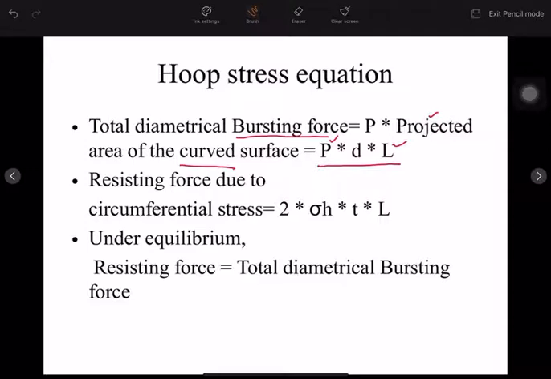To nullify this bursting force, we have the resisting force due to circumferential stress, which we can write as 2 into sigma h into small t, where small t is, as I have mentioned, the thickness of the cylinder, into capital L. So as we have two equations here, under equilibrium the resisting force will be equal to the diametrical bursting force.